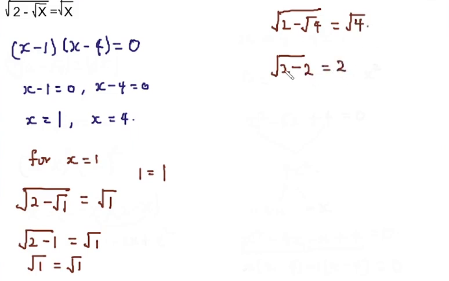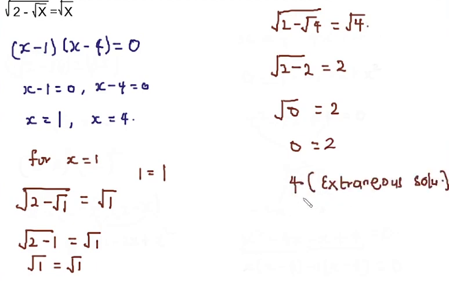So I have square root of 2 minus 2, which is square root of 0, and this is equal to 2. So square root of 0 is 0, and this is equal to 2. So that means 4 is considered to be an extraneous solution. So x is equal to 1, while 4 is considered an extraneous solution. So 4 is not the answer to this problem. The answer is simply 1.